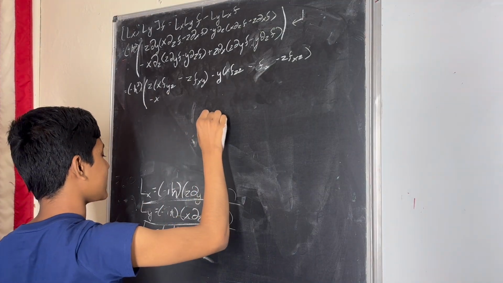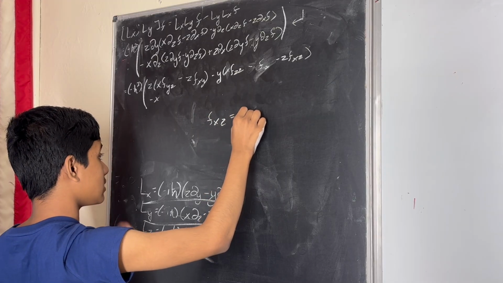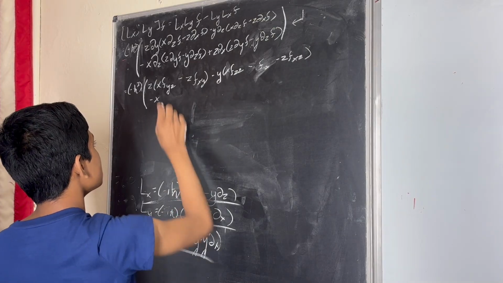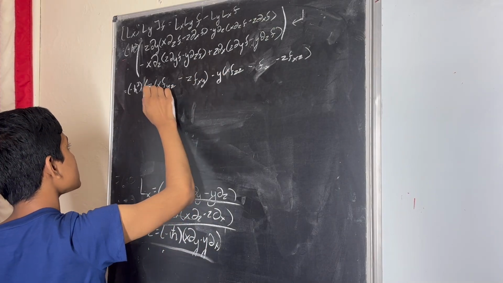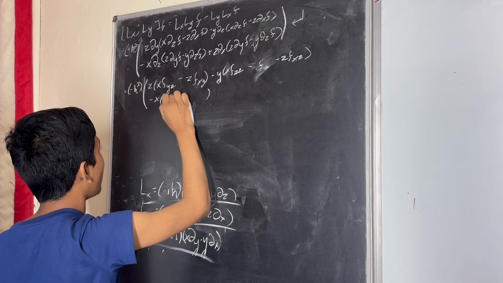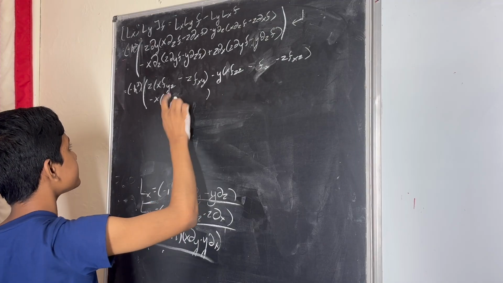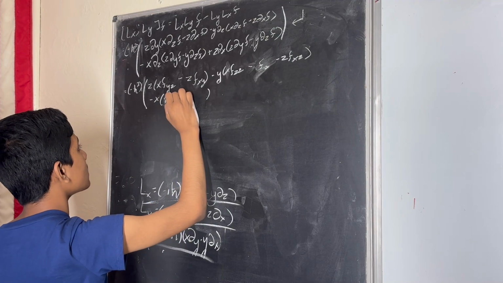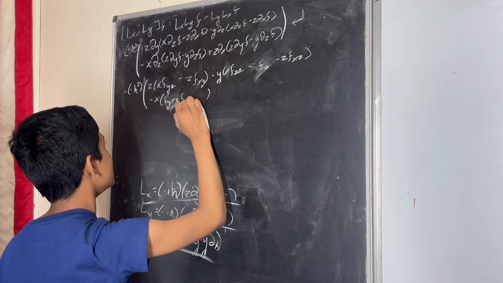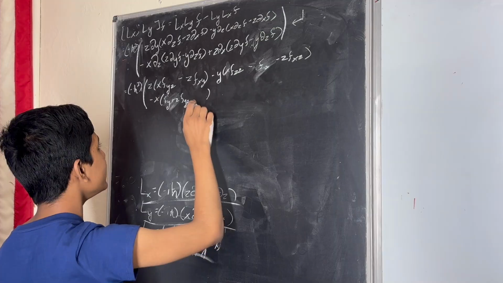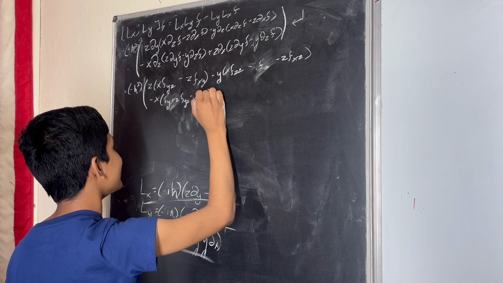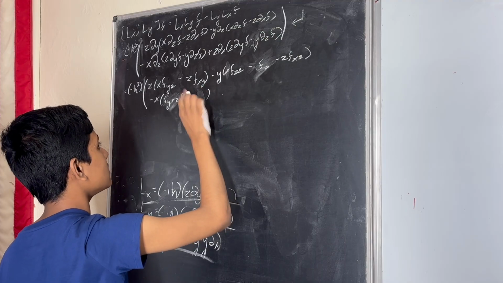Oh, and recall fxz is equal to fzx. The order of derivatives doesn't matter for continuous functions. So minus x partial z of this, so that's going to be minus x times partial y f, which is fy, plus z fyz, minus y partial zz f, which is y fzz.